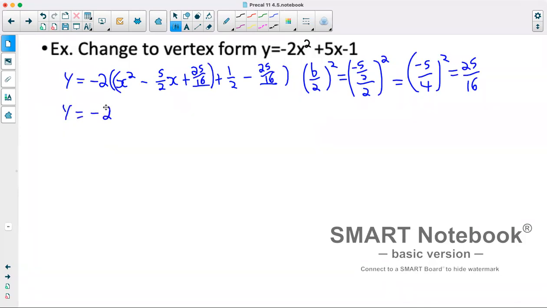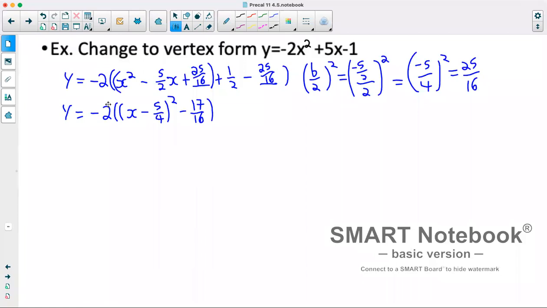So we've got negative 2 times (x minus 5 over 4) squared. And then we'll combine 1/2 and negative 25 over 16. So that gives us negative 17 over 16.